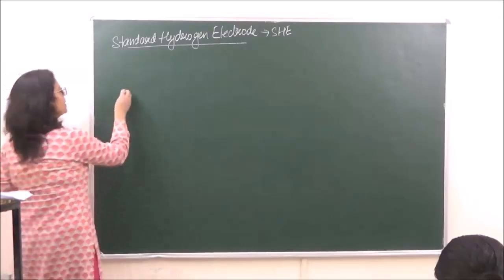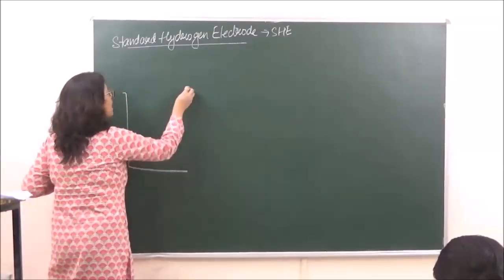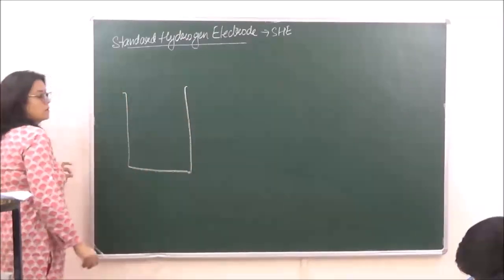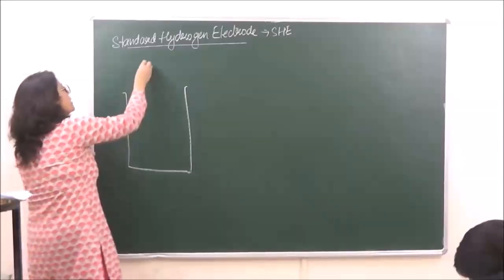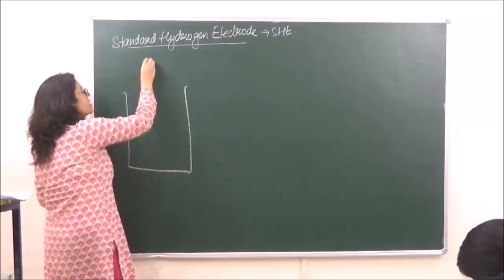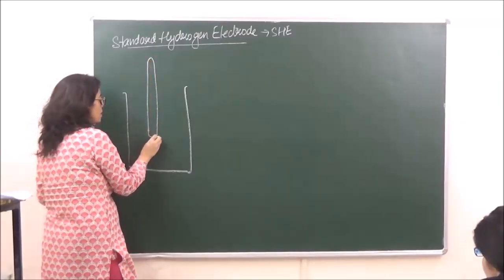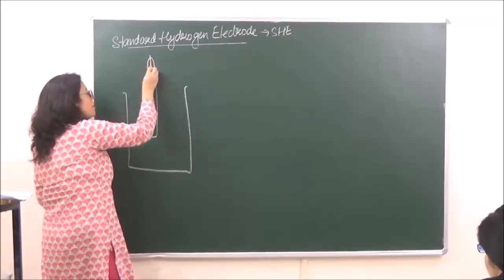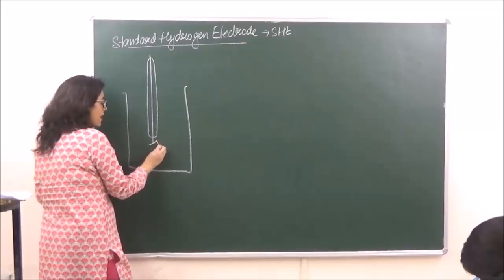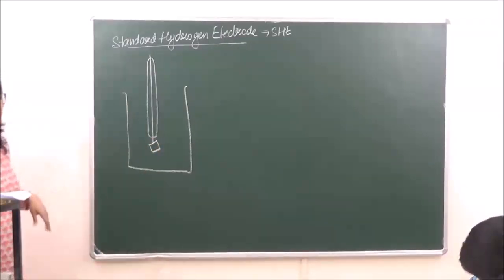The standard hydrogen electrode consists of a glass beaker. In this we immerse a sealed glass tube in which a platinum wire is suspended, and this platinum wire is connected to a platinum foil.